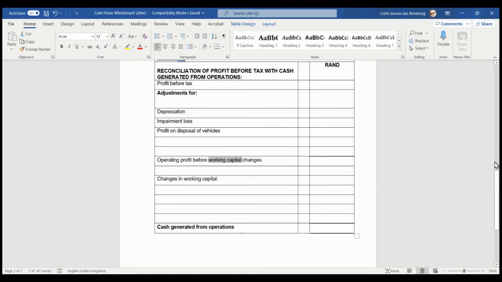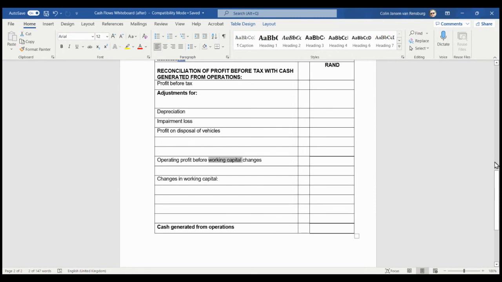We are working towards a cash flow. So all current assets and current liabilities, except for cash and cash equivalents, that relate to our operations. So we're not going to include current assets or current liabilities that do not relate to our operations.